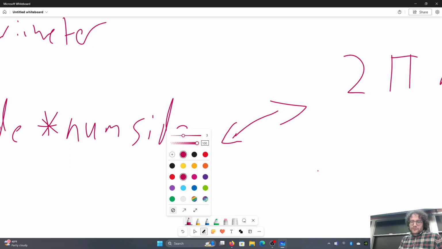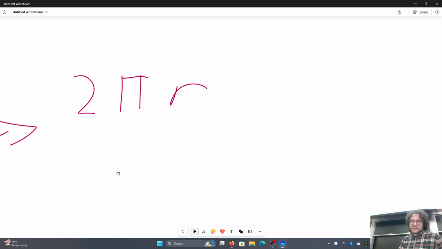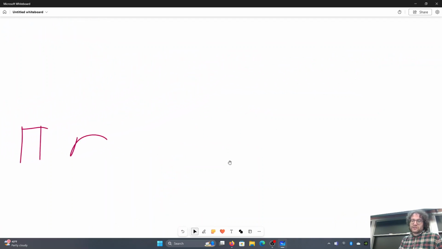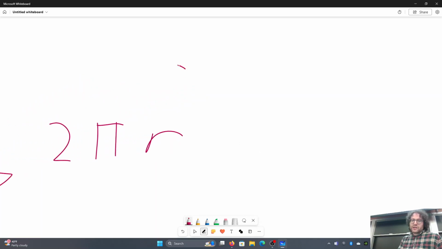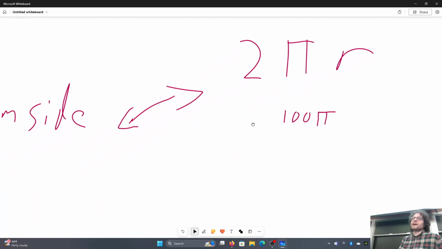Now, you might be asking, how do we get from here to here? Well, first off, let's start off and just put some numbers in, okay? Say we want to draw a circle with a radius of 50. That means the total amount our perimeter and our circumference need to be is 100 pi, right?